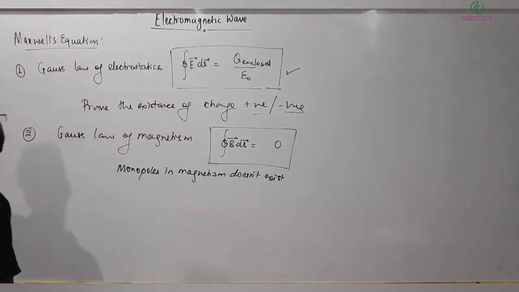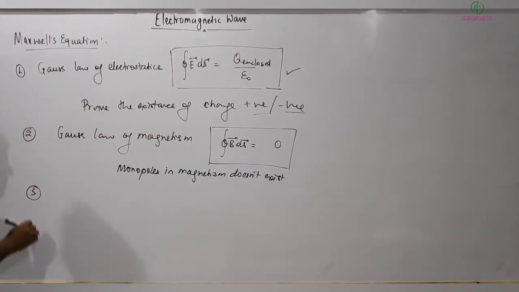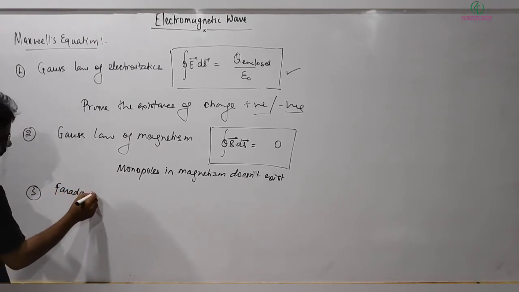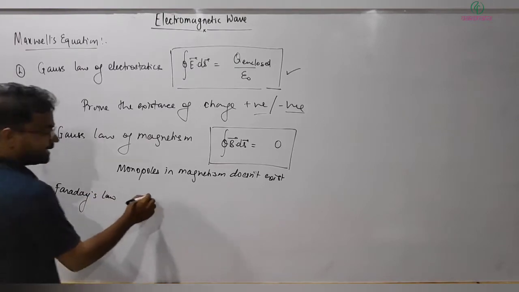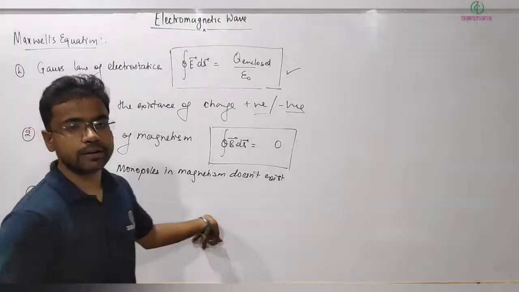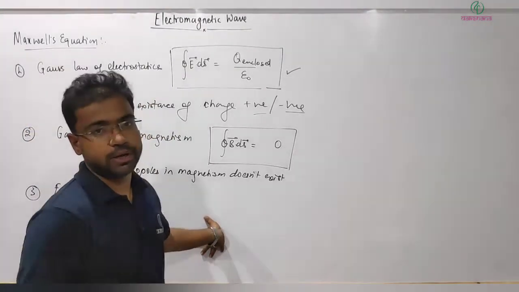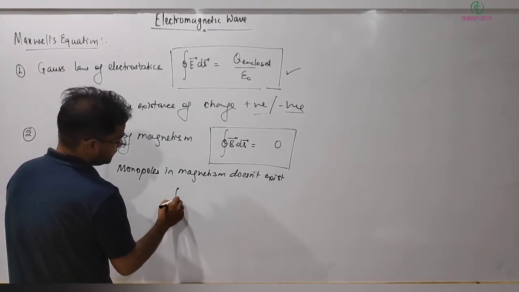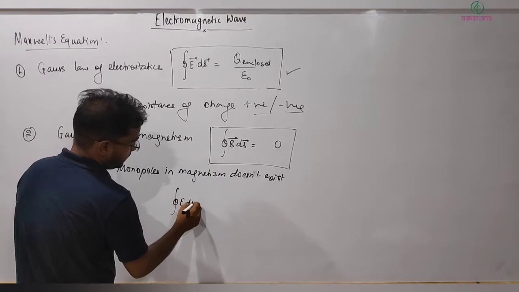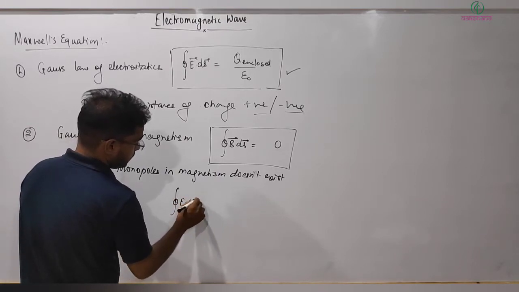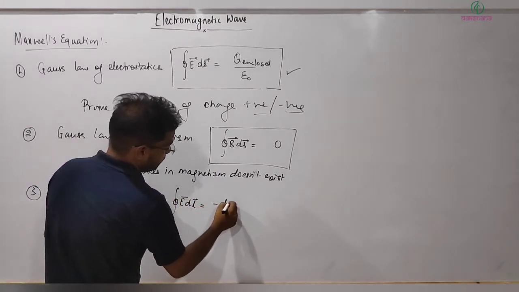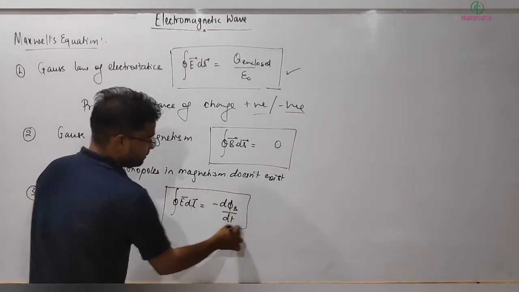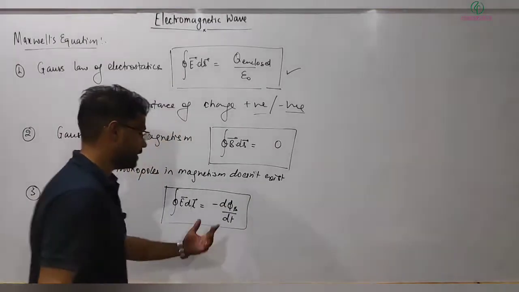in magnetism, a magnet monopole, does not exist. Right? Similarly, there is another, Faraday's law, and this is a changing magnetic flux produces EMF, and that can be related to the electric field. So this is E dot dl is equal to minus d phi B by dt, where d phi B by dt is the changing magnetic flux.